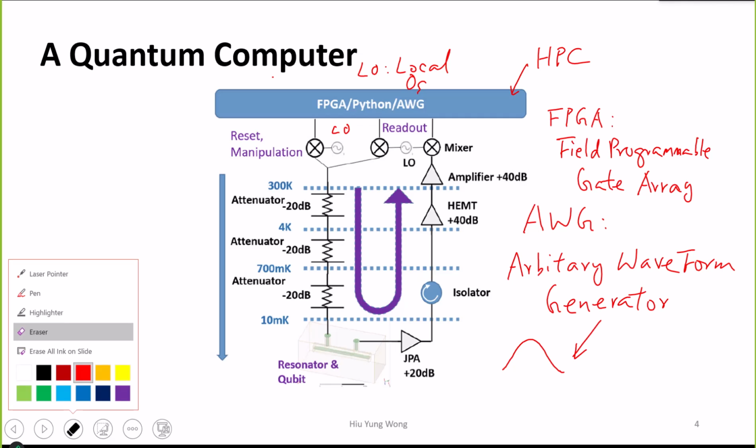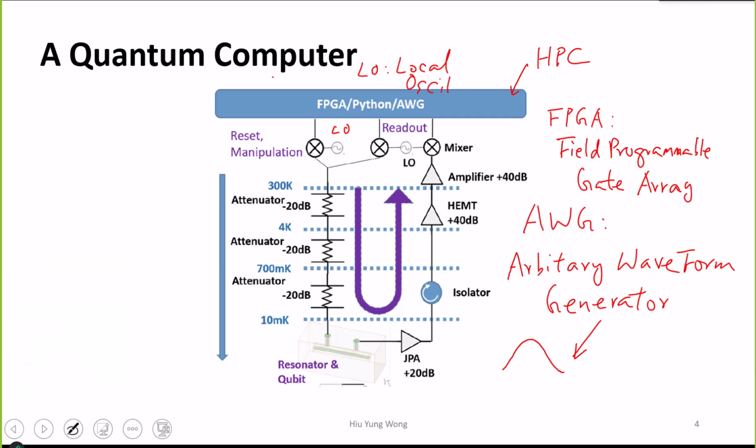It can be an LC tank, and it will oscillate at a certain frequency. Then we go through something called a mixer. A mixer basically is a multiplier. You multiply it, then you bring the frequency to the right frequency, like the 5 gigahertz that we want for our qubit. So still classical.